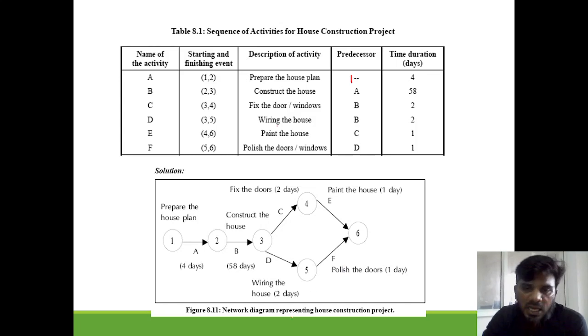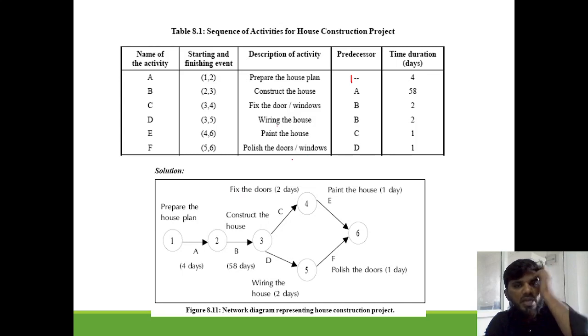Now you can ask me, sir, can we use a dummy here? If a dummy is here, even though it will not indicate any time consumption or resources, it says that with the completion of this task and this task together, then only this task will start. But wiring and fixing of doors will not depend upon one another, neither does the paint of house depend upon the wiring of house and fixation of doors.